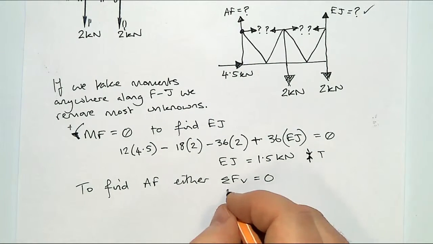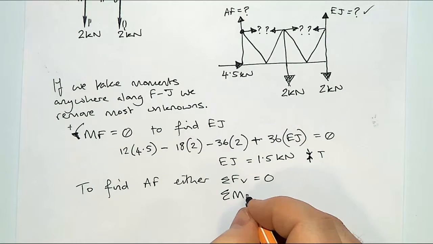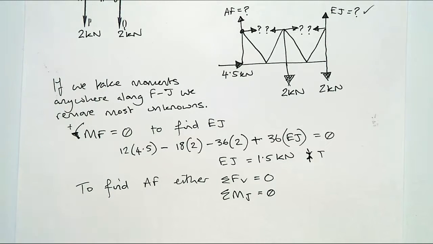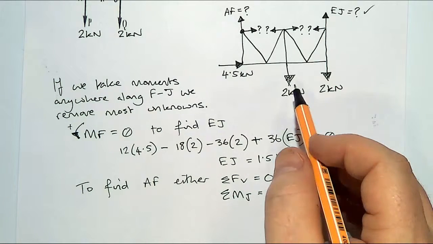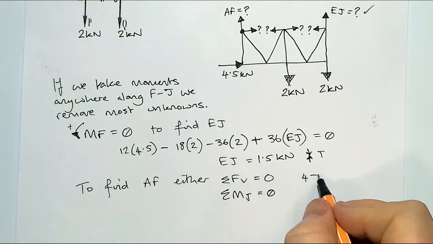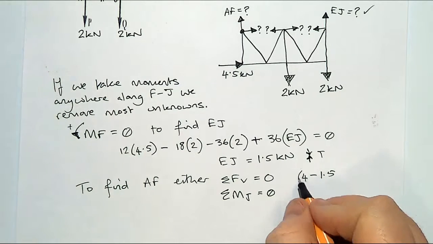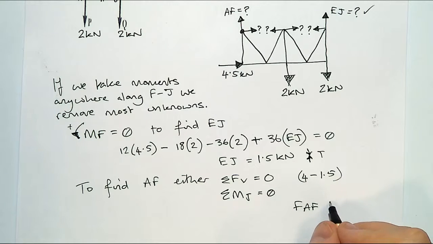Or you could take moments around J. But if we looked at the vertical, you got 4 coming down, you got 1.5 going up. So the force in AF is 2.5.